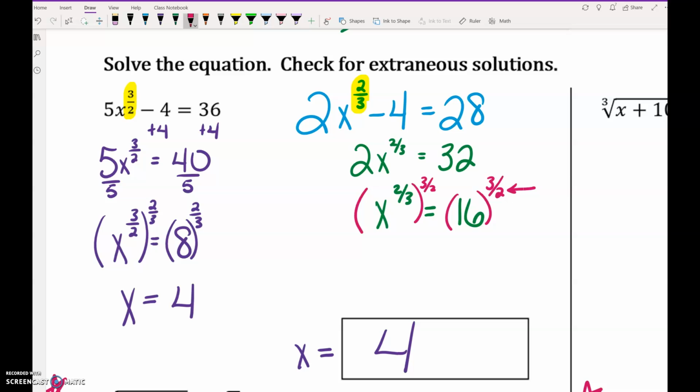It's a 2. That means we are taking the square root of both sides. When we take the square root of both sides, we have to put a plus minus in there. 16 raised to the 3/2 in the calculator is 64, so the answer would be positive or negative 64.